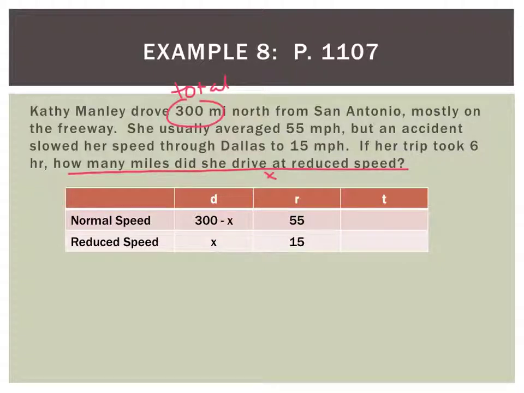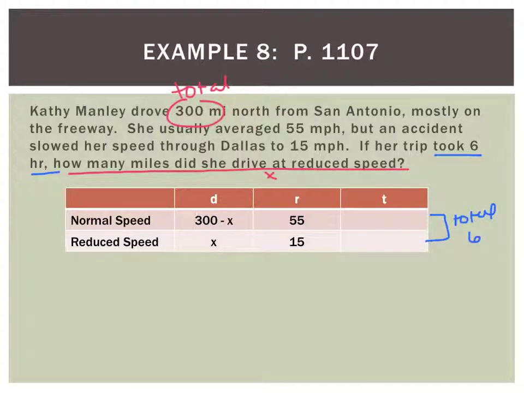Alright, so then her normal speed was 55, so that's the rate, and the reduced speed was 15. Okay, and then about time, it says her trip took 6 hours. So the time is going to total to 6 hours.